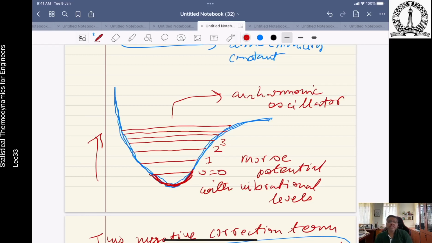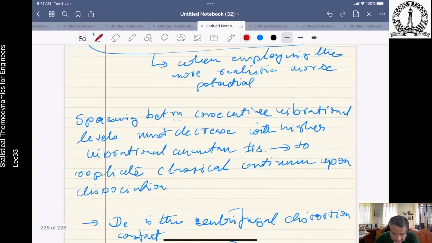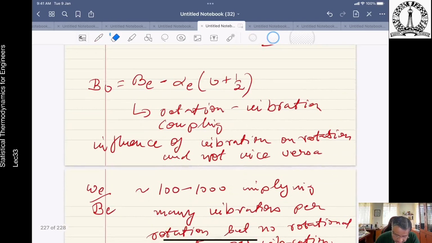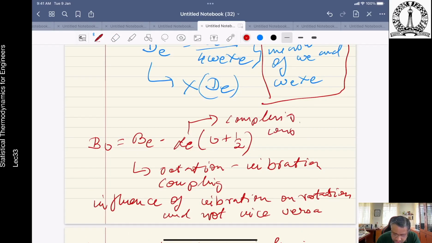So that's the negative correction term involving the coupling constant alpha_e. Again, alpha_e is a negative correction term, called a coupling constant. Again, it is negative in nature.